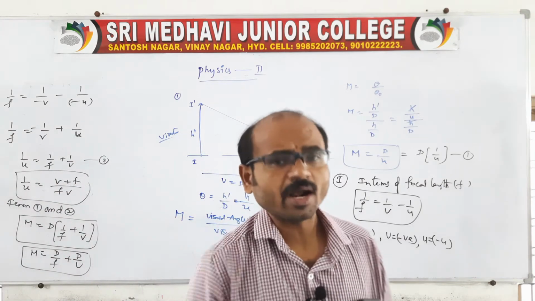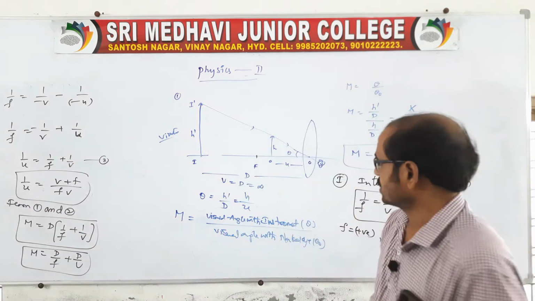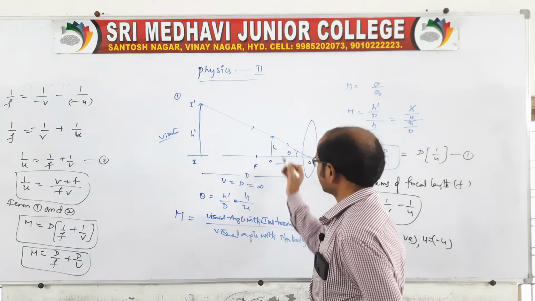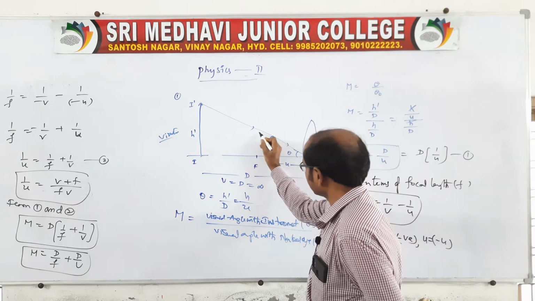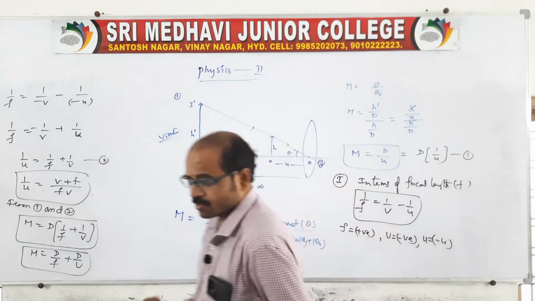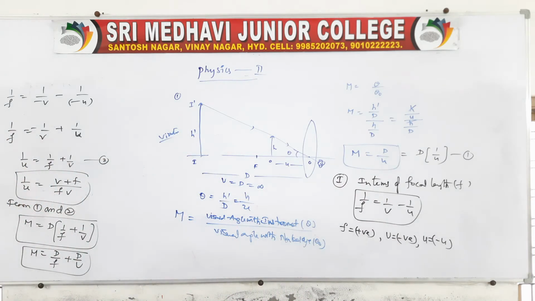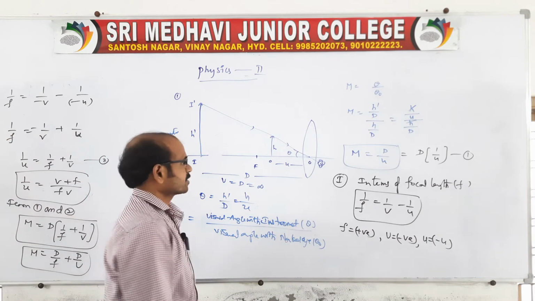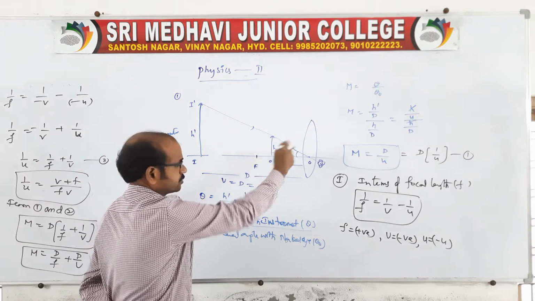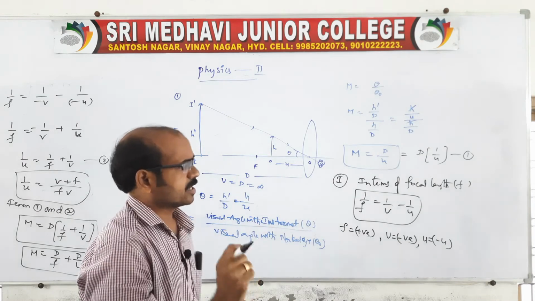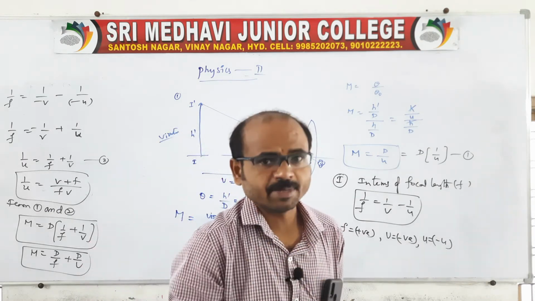Suppose I want to tell you another case, case 2. Suppose the object is at the focal length. Then the image will be formed at infinity. Is it right or not? Already I told you very clearly the rules for forming images.